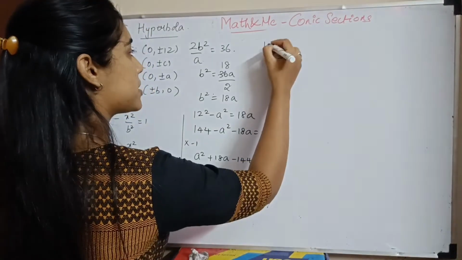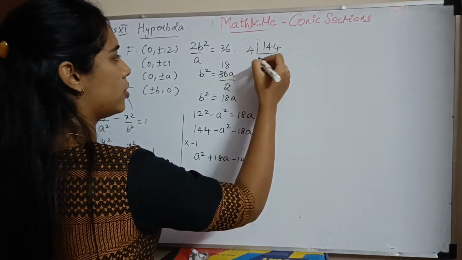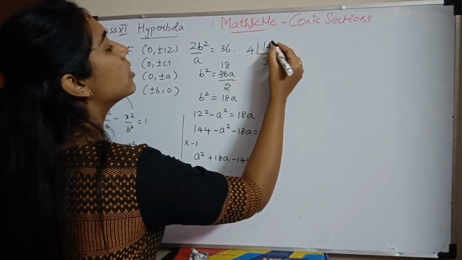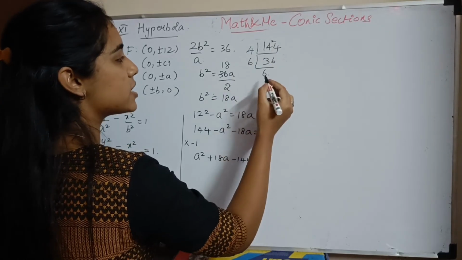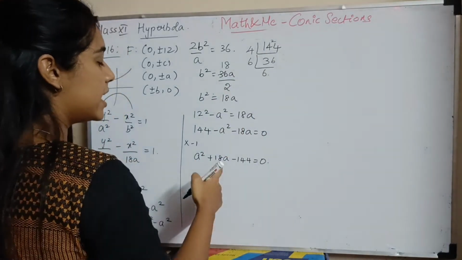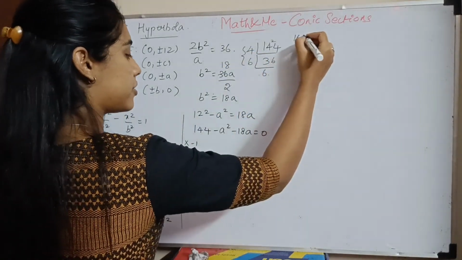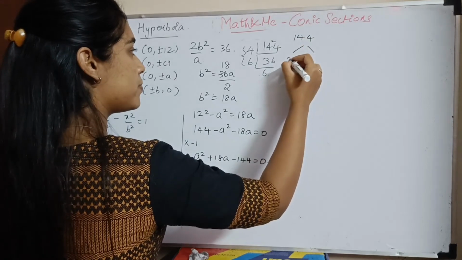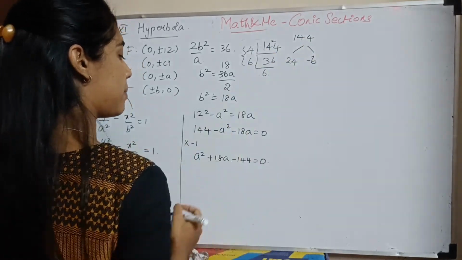How can we split 144? 144 is 24 times 6, and 24 minus 6 is 18.